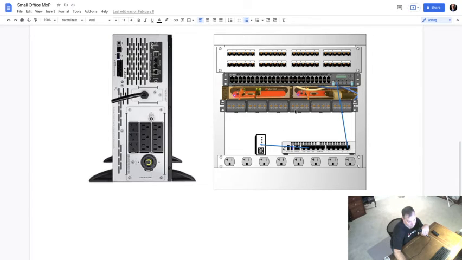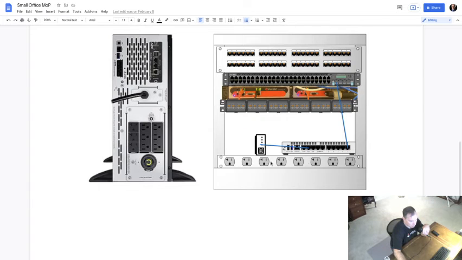Then you'll just connect them to these ports down here, connect to your telephone system, and your telephone system will connect to the switch if your handsets are voice over IP. Typically they are nowadays.